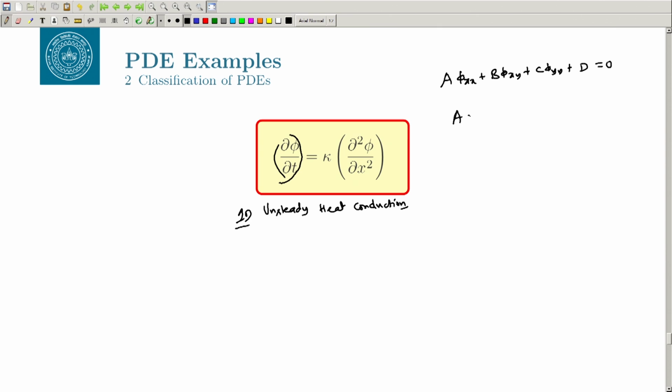A is here K, okay, B 0, C 0, okay. So, B square minus 4 AC will become 0 minus 4 into K into 0, which is basically 0, right. So, your B square minus 4 AC is equal to 0, that means we will have one characteristic line.